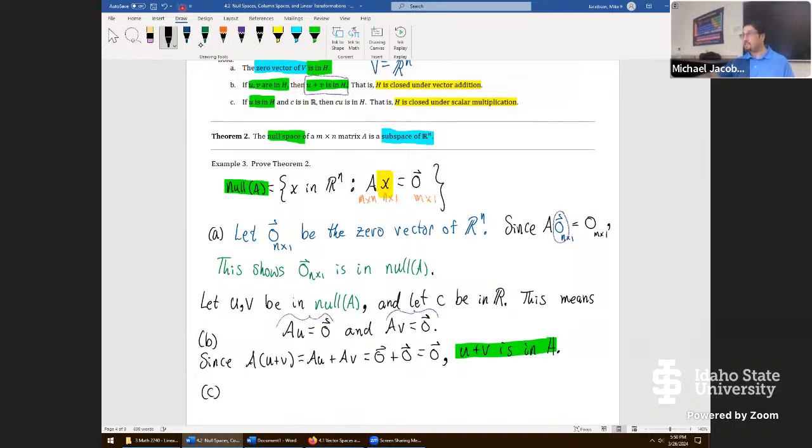We just have to show that this property is going to hold, that C times U is in H. But it's going to go essentially the same kind of way. We start off by putting C times U right here and just multiply and see what happens. So let's run through it. We'll say since A times CU, now that CU is playing the role of the X that's right here, we need to hit this zero vector.